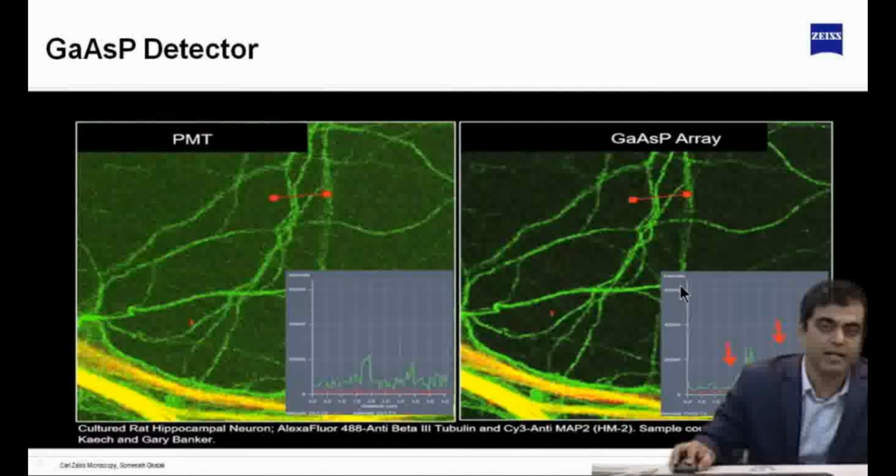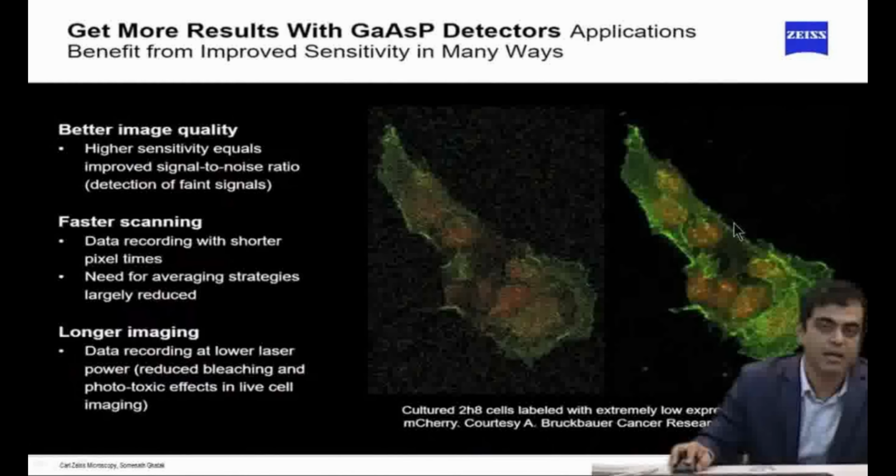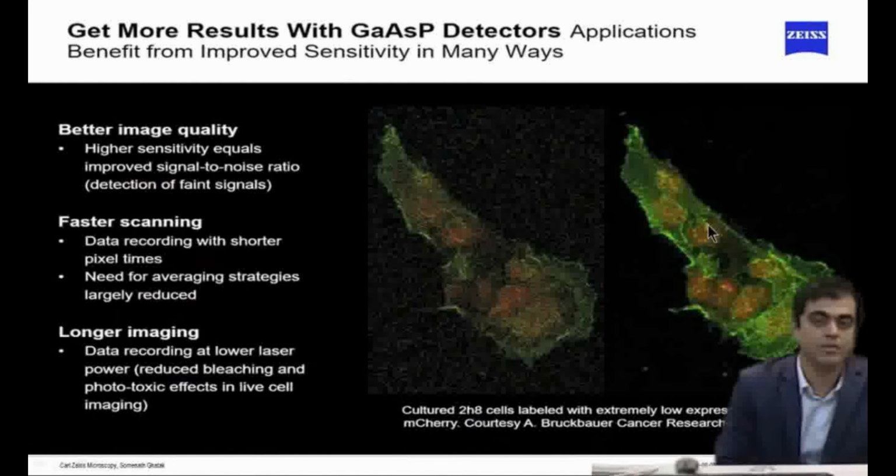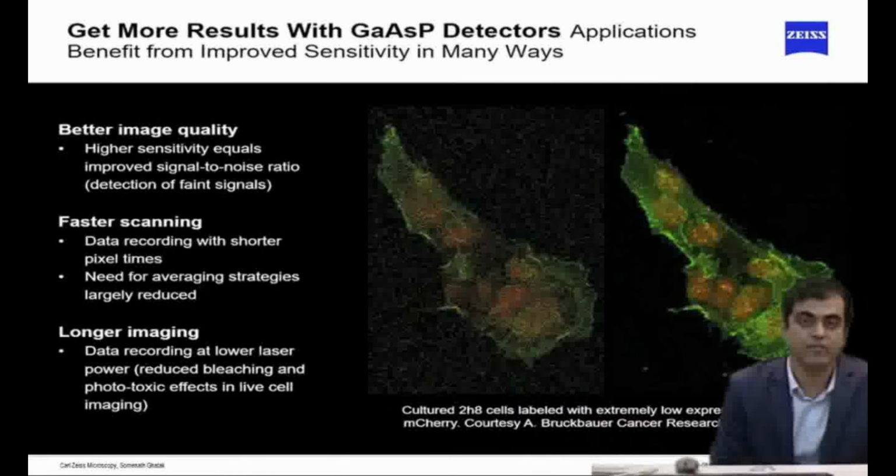But with the GaAsP detector, where the quantum efficiency is higher, the signals are quite prominent, and the background, as you can see from the image itself, is quite black, whereas in the previous one it was all dotted.